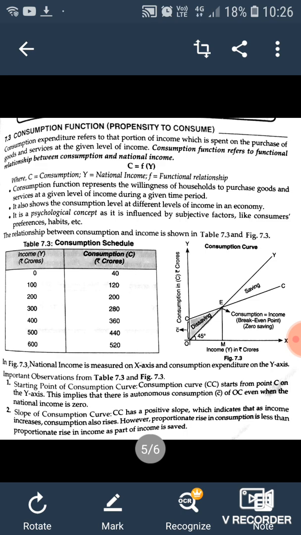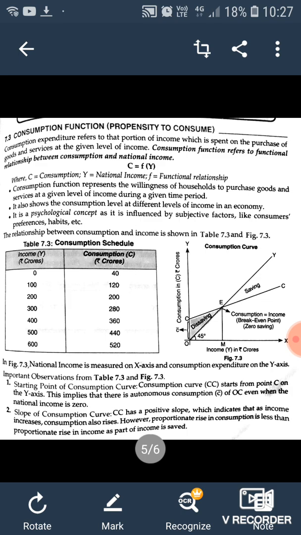In the graph, consumption is represented by the CC line and income by the OY line. Consumption is a psychological concept. It is different from person to person, related to his preferences and habits.